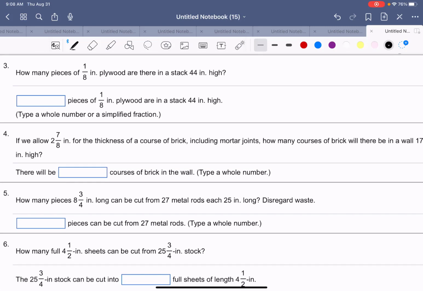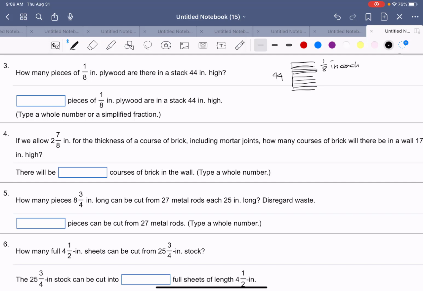Example 3. How many pieces of 1/8 inch plywood are there in a stack 44 inches high? So we've got 44 inches high, and that's divided by plywood that is 1/8 inch each. Well, think about it.